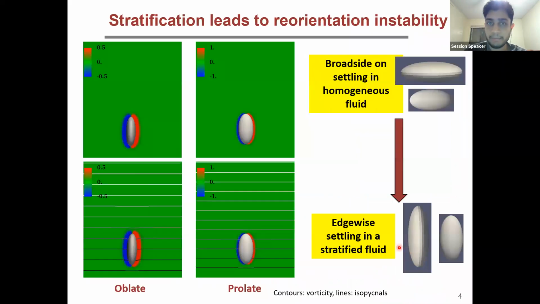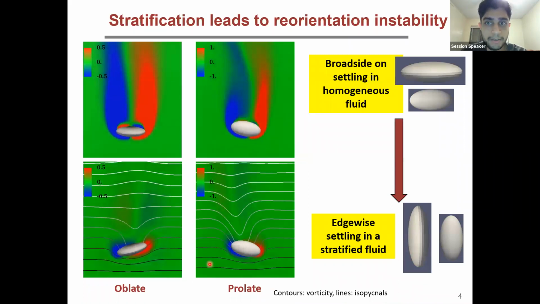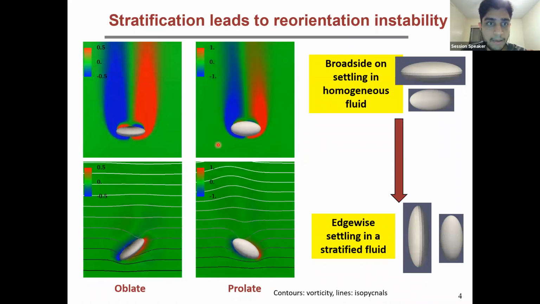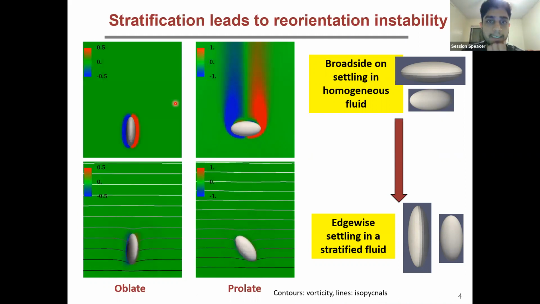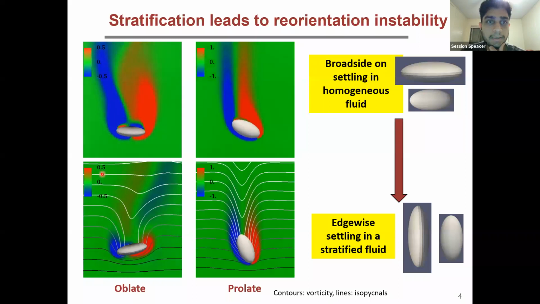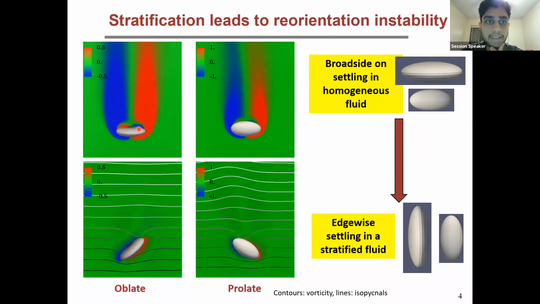The first important result is regarding the orientation of these particles. In a homogeneous fluid, both the oblate and prolate spheroid settle in a final orientation such that their longer side is horizontal.